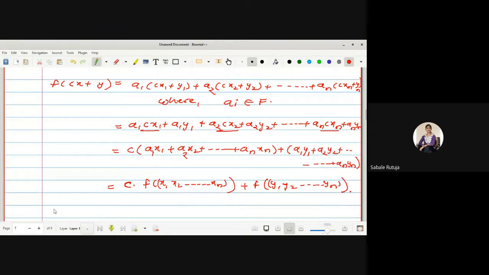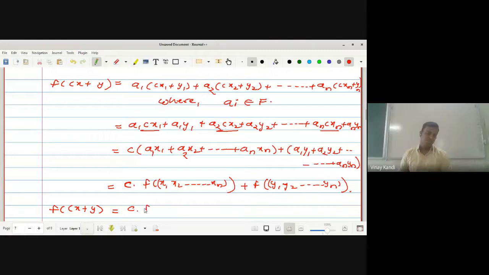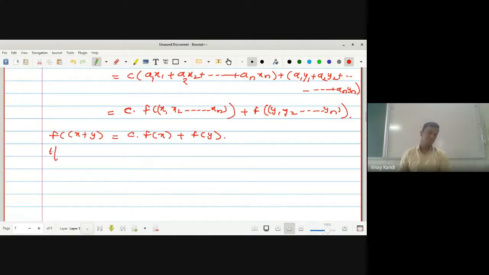So f of cx plus y is equal to c into f of x plus f of y. Hence, the given function f is a linear functional. Any doubt?